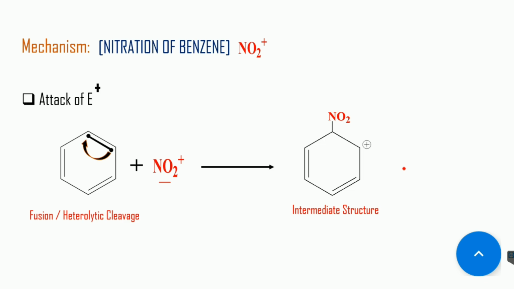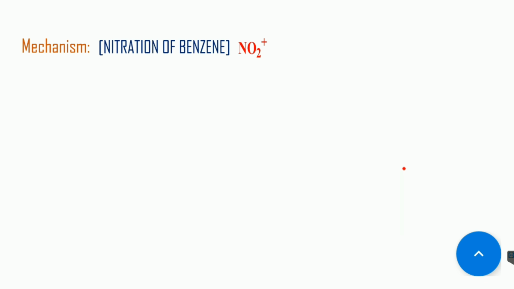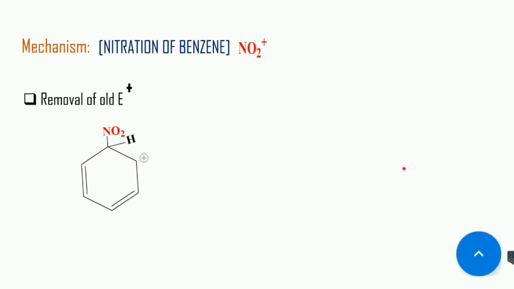So finally we have come to our last step, that is removal of old electrophile. Again the same thing will happen here. After completing the step of removal of old electrophile, it reacts with HSO4 minus.